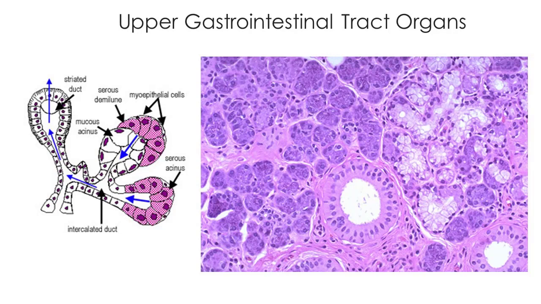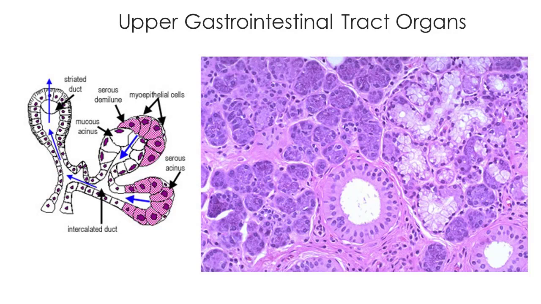Now, in our illustration on the left, you can see they've made this dark purple, kind of grainy look. That is your serous acinus, and there's the word I was looking for. Over here, this lighter color is potentially a mucus acinus. You can see this one here is a mucus acinus. But the one thing they've also included is you can often have serous cells setting up camp on the outside of a group of mucus cells.